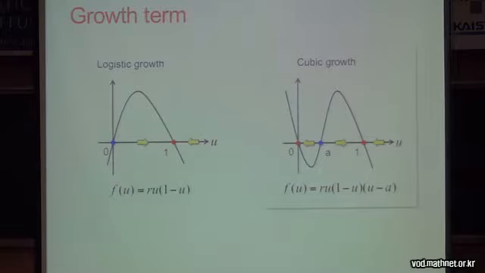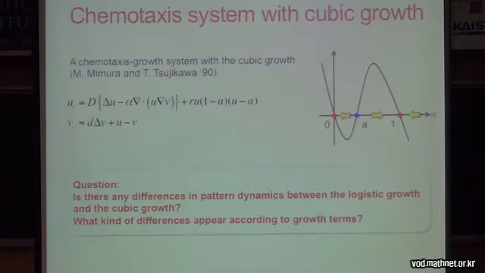Then 0 and 1 are stable, and a is unstable. So in this talk, I talk about this chemotaxis-growth system. This chemotaxis-growth system with cubic nonlinearity was proposed by Professor Mimura and Professor Tsujikawa in 1990.